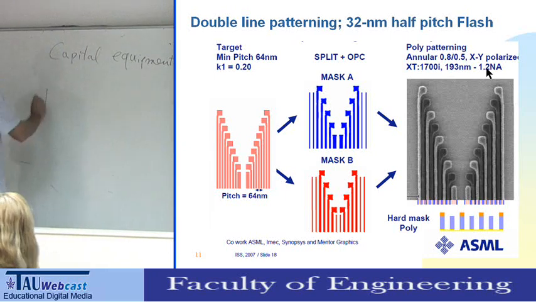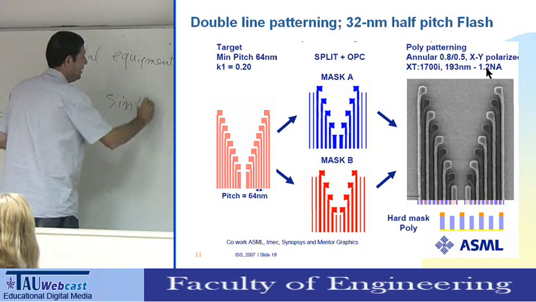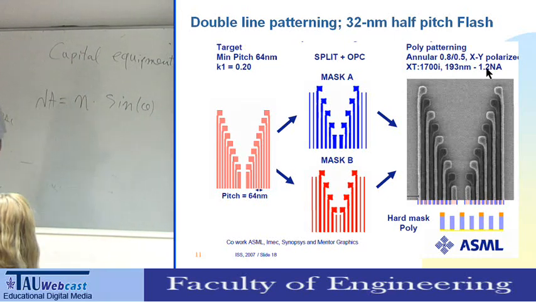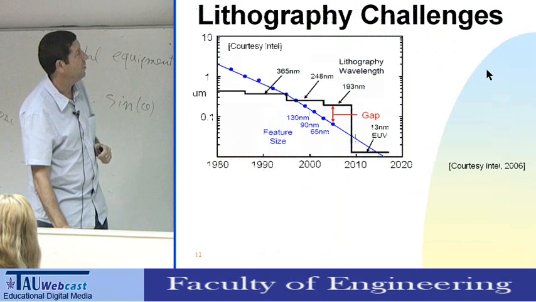Because we all know that numerical aperture is the refractive index times sine theta. Theta is the opening of my optics. If I want sine to be larger than 1, I have to do immersion lithography. This is done with immersion lithography.